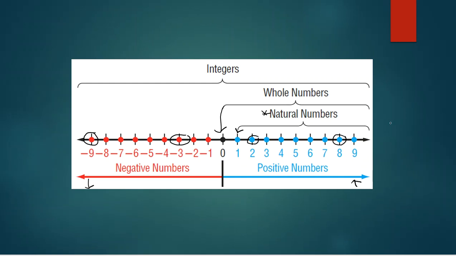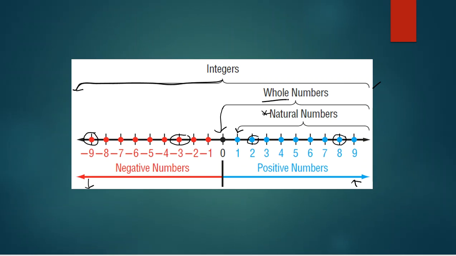Now, when we talk about integers, you can see that the set of integers includes all of the whole numbers. So 0, and then all of the positive whole numbers. And then integers also include their opposites, or all of the negative whole numbers. So integers are positive and negative whole numbers. When we say whole numbers, that means not a fraction or not a decimal.